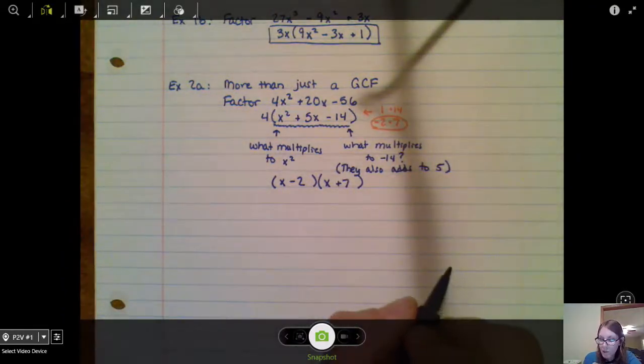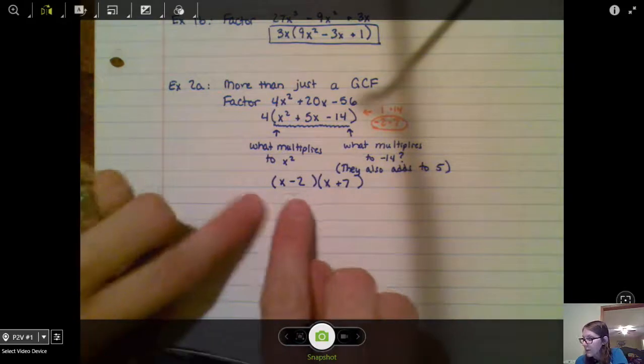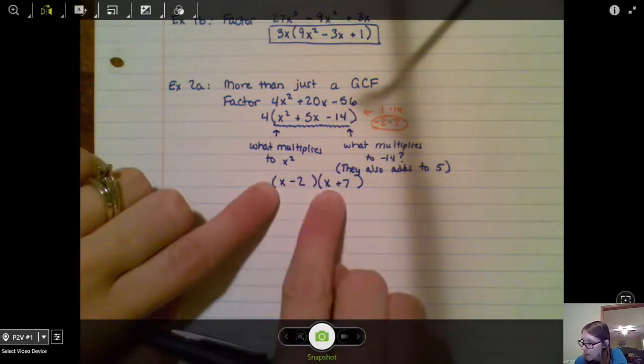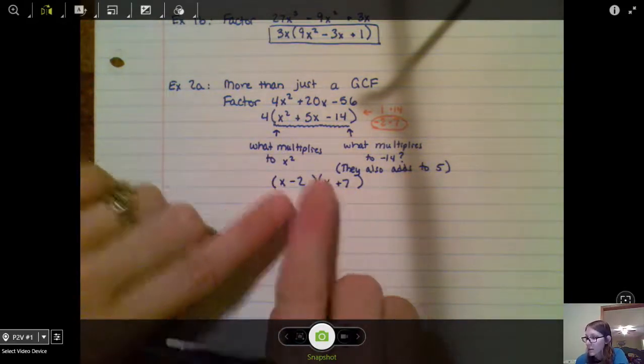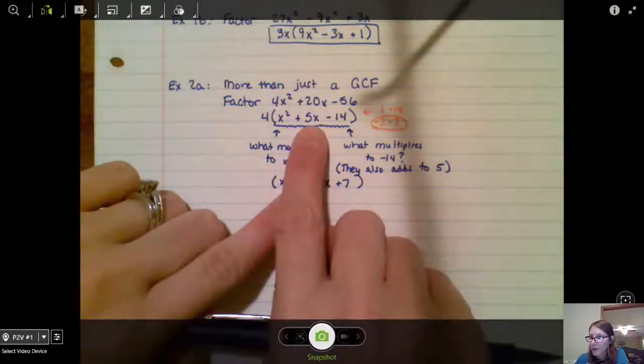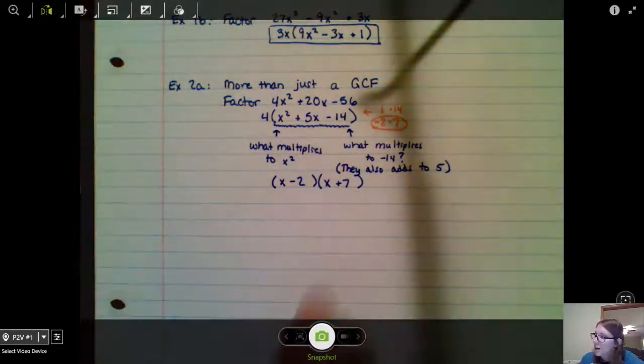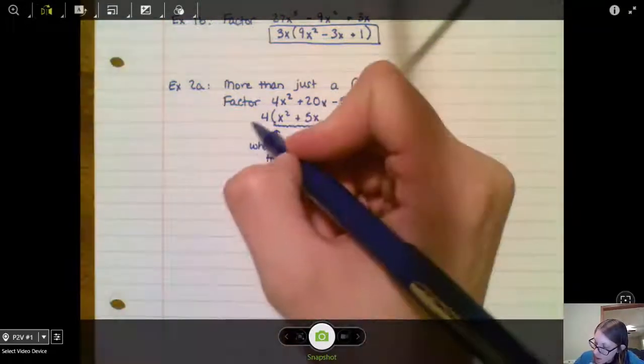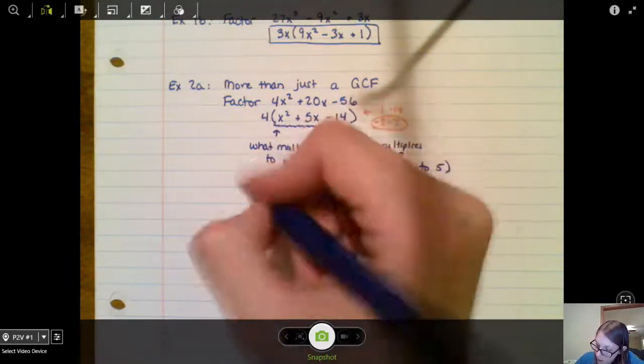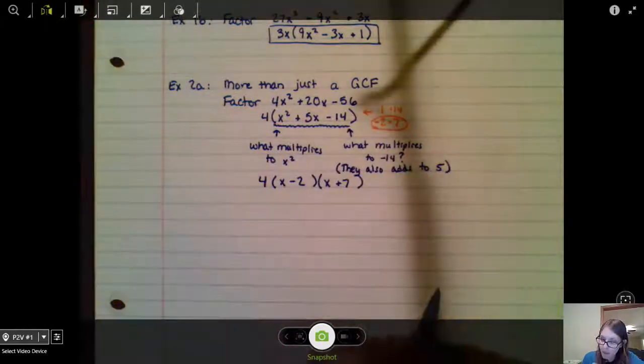Keep in mind you can always multiply this back out. If I FOILed here, I'd have x squared plus 7x minus 2x is our plus 5x. That's good. Minus 14. All right, that's good. We factored this some more. Don't forget that we factored out this 4 at the beginning also, and we need to bring that down.